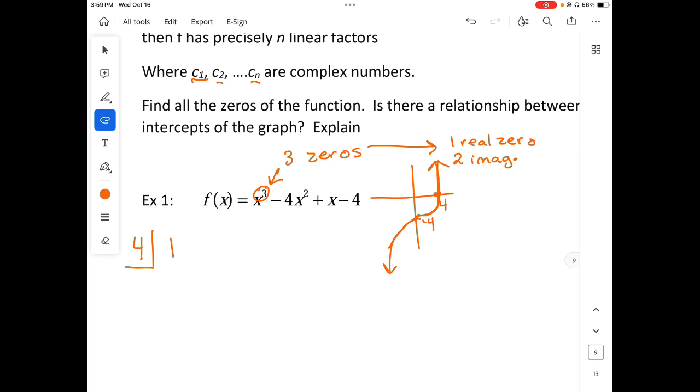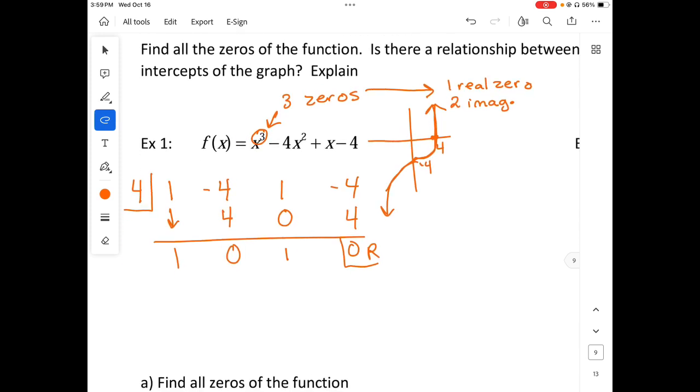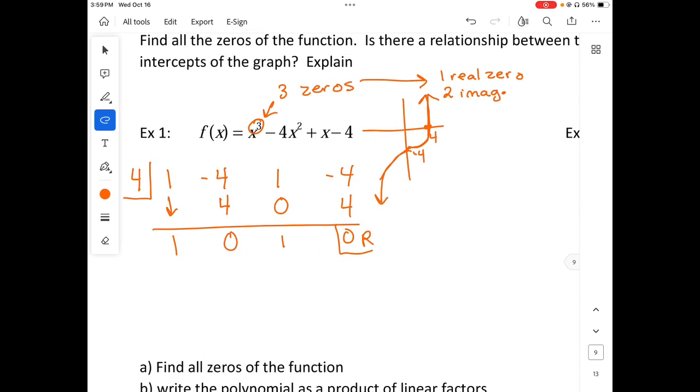So let's go ahead and put our numbers down for our synthetic division. And let's do it. We get a remainder of 0, which is good. That's what we wanted. So what's left is x squared plus 1 equals 0.